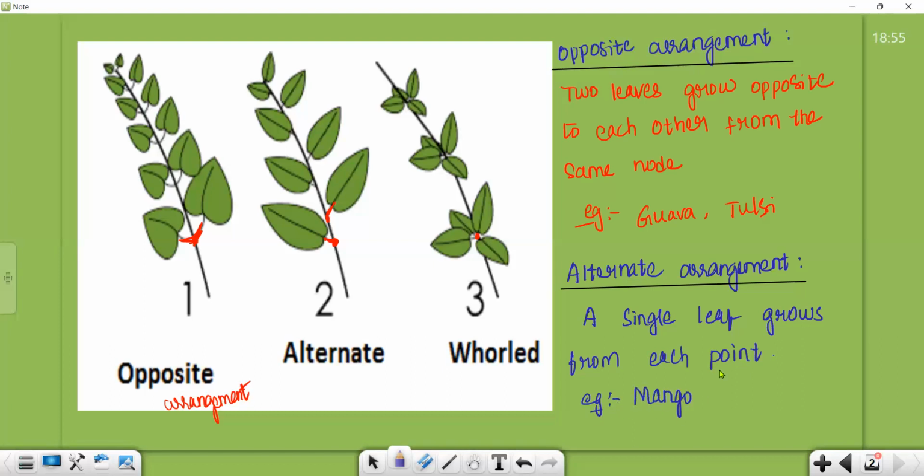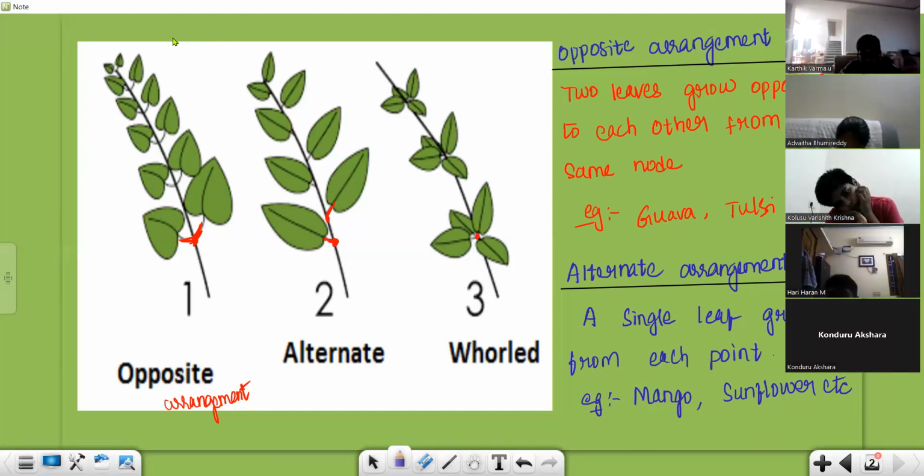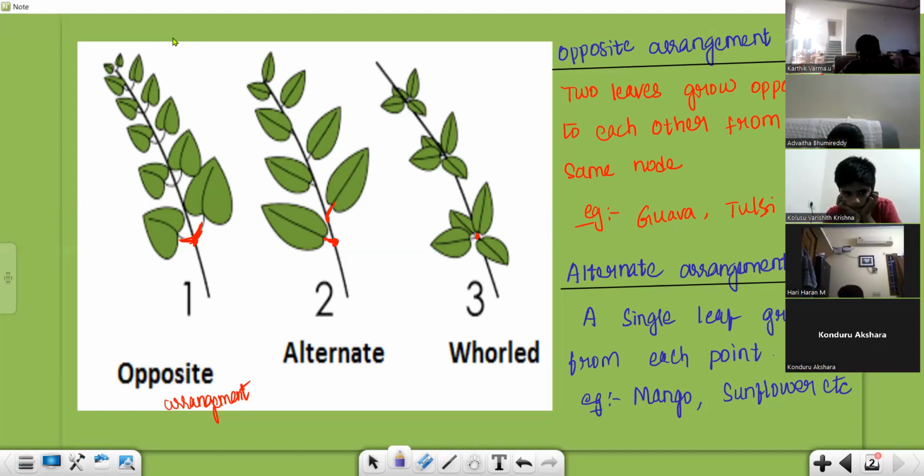If you can find a mango tree in your surroundings, you can check whether it is alternate or opposite or whorled. So mango, next sunflower, etc. Clear?